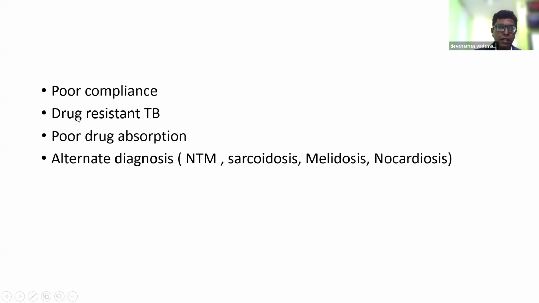Another alternative is poor drug absorption, in the abdomen, the intestine, the drug absorption might be poor. Or in spite of giving your TB tablets, if the patient is not responding to treatment, you should suspect an alternative diagnosis. The common close differentials to tuberculosis are non-tuberculous mycobacteria, sarcoidosis, melioidosis, or nocardiosis.